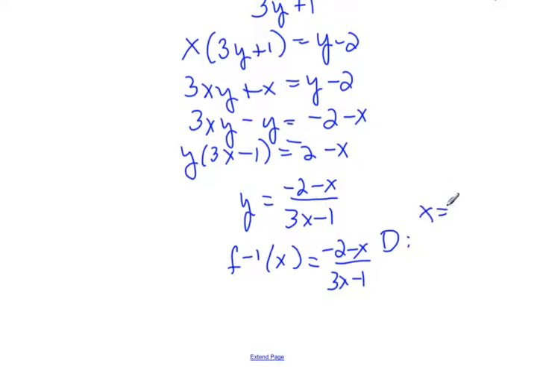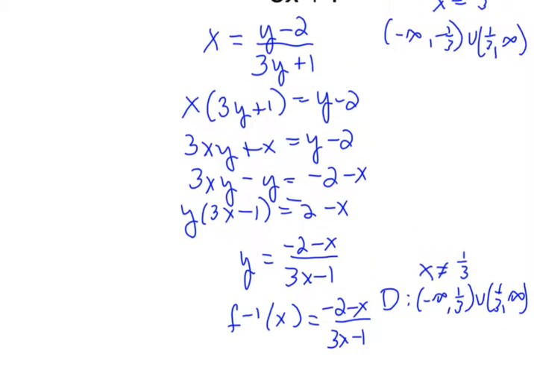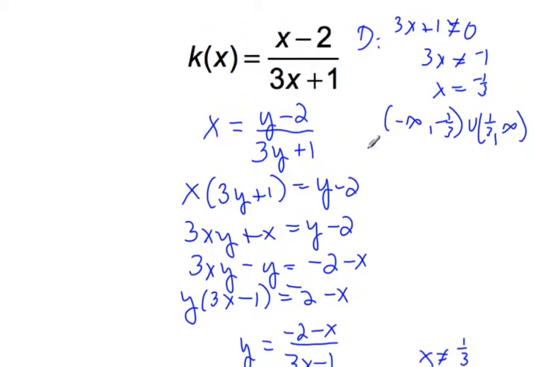X cannot be equal to 1/3, which means that my domain is going to be from negative infinity to 1/3 union 1/3 to positive infinity. This domain has to match the range of my original function. The range of my original function, therefore, is negative infinity to 1/3 union 1/3 to positive infinity.